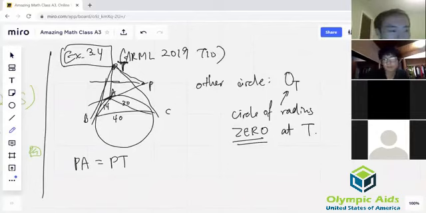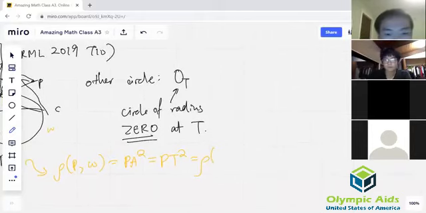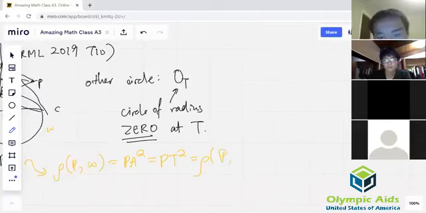And then what you'll find is that the power of P with respect to omega, this circle, we know that's equal to PA squared. And we also know that's equal to PT squared. And this is by definition the power of P with respect to this special circle of radius 0.